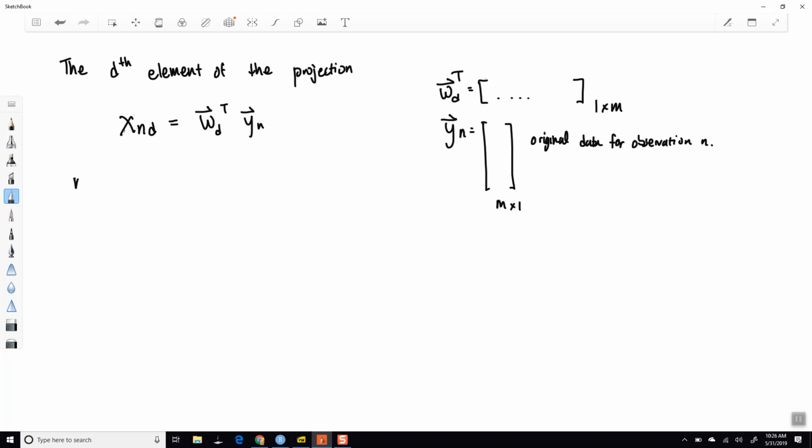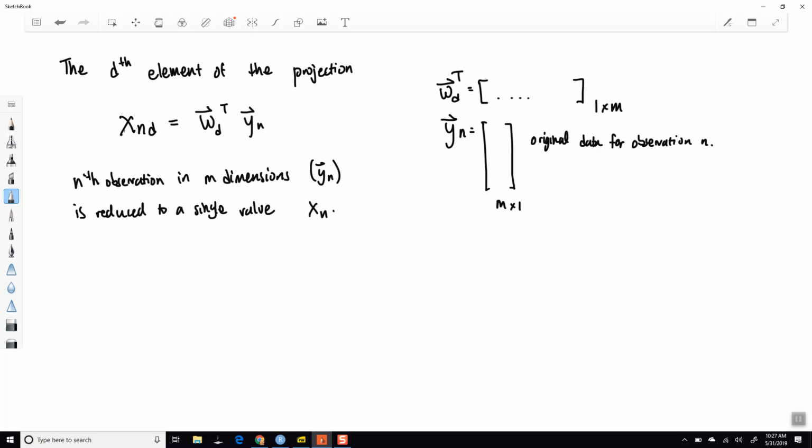The nth observation in m dimensions, which is our vector y sub n, is reduced to a single value, x n d, okay? And this is the dth element of the projection there.